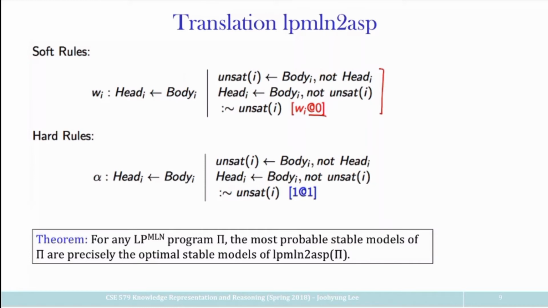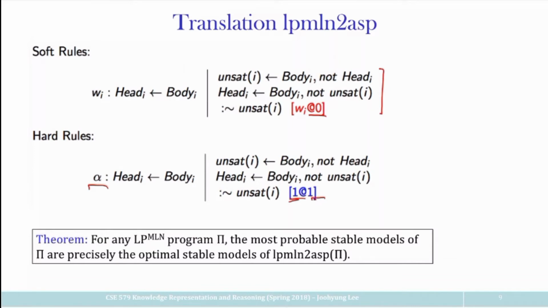Now when the weight is alpha, which denotes infinite weight, we put this into level 1. So when this hard rule is violated, it gets a more severe penalty at the next level. At that level, it does not matter which weight you assign, so we just put 1 there.